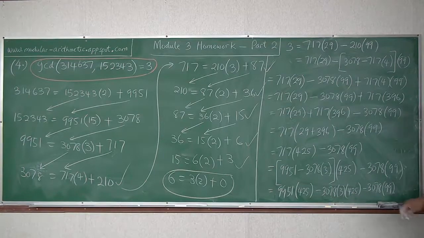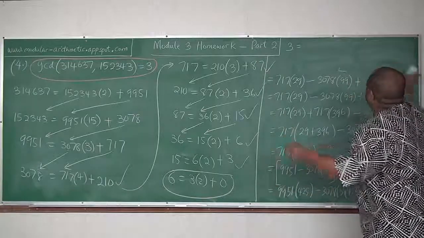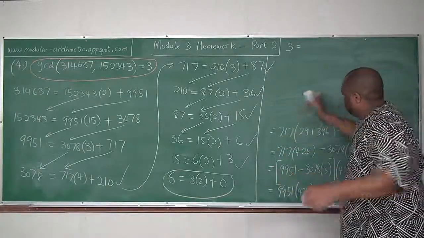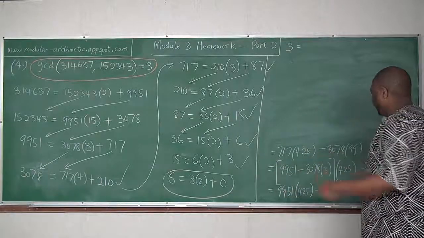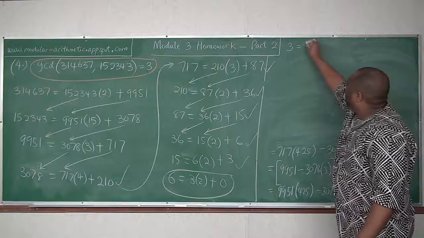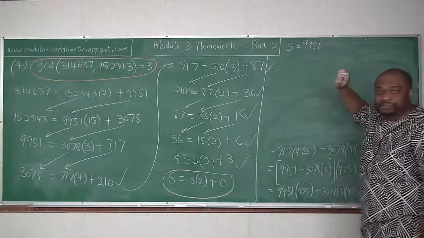Okay, so let's finish it. Let's factor by GCF for the 3078.